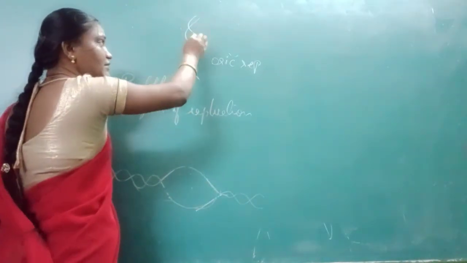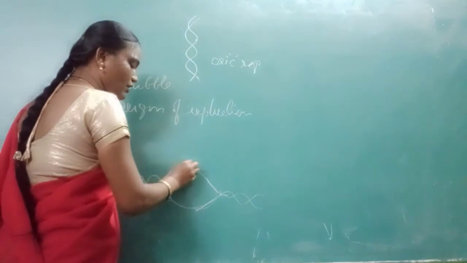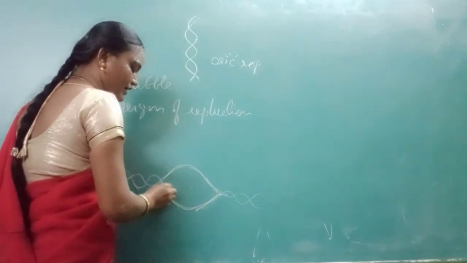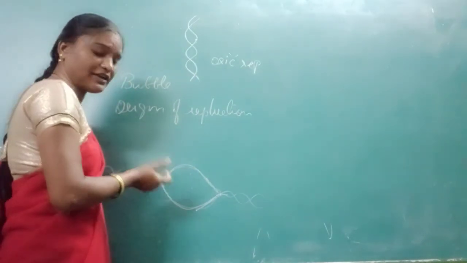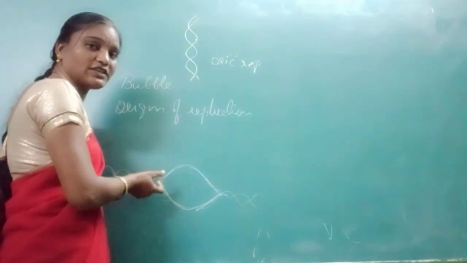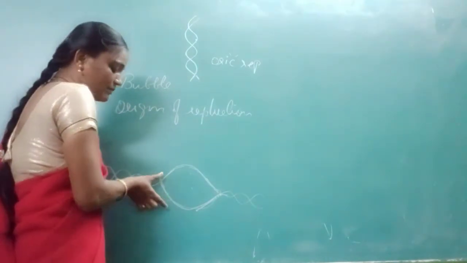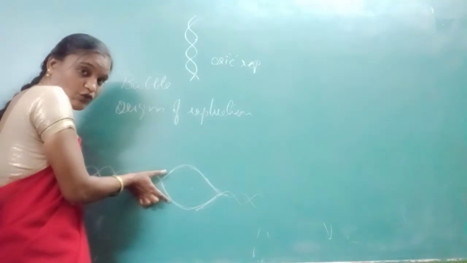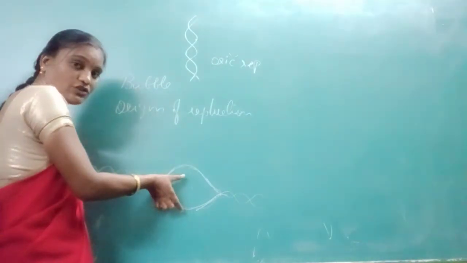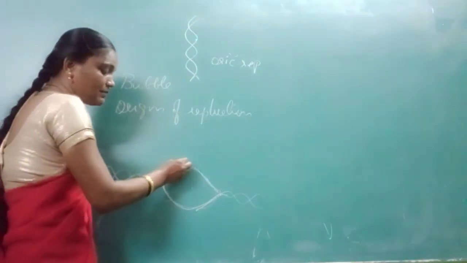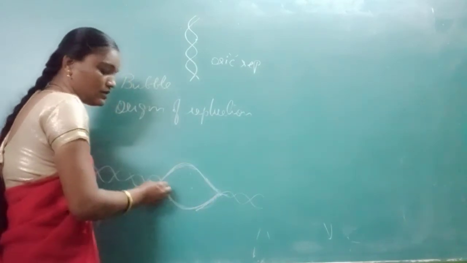These enzymes open your DNA strand by weakening the hydrogen bonds. By weakening these hydrogen bonds, what happens initially? Your replication fork is formed at your origin of replication and a replication bubble is formed.